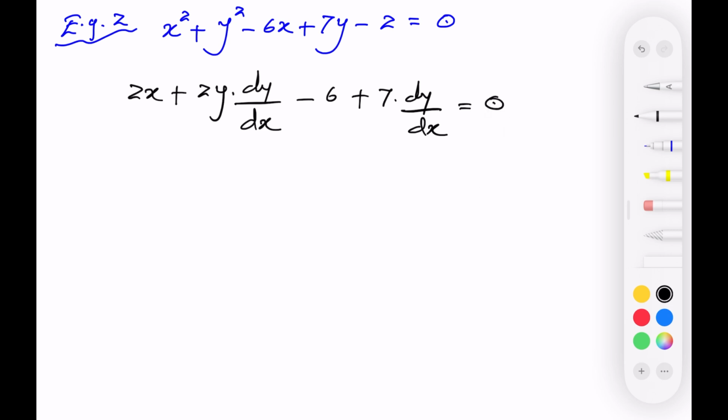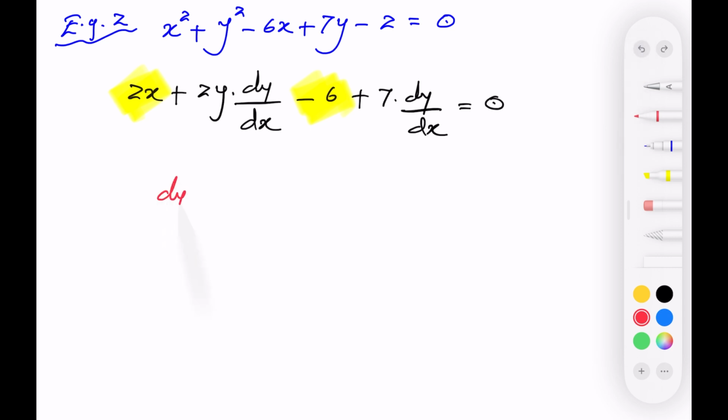Now, we can subject dy by dx from this equation. I need to isolate all the dy by dx on one side and move all the other terms to the other side. I will move the 2x and the negative 6 onto the other side. Then from the remaining terms, I can factor out the dy by dx.